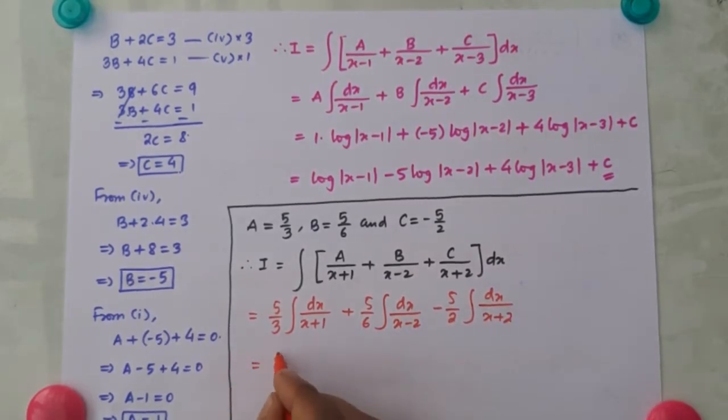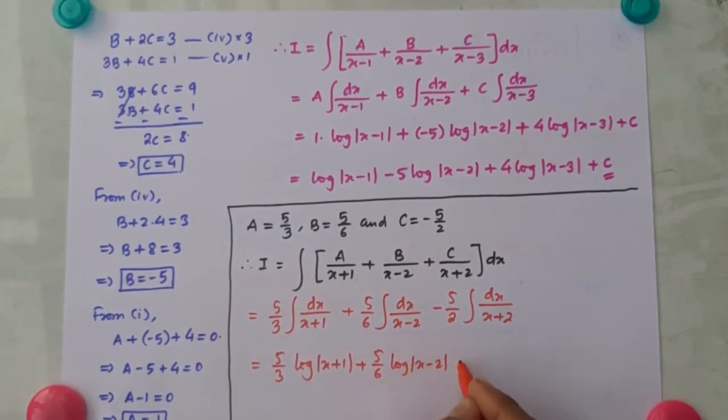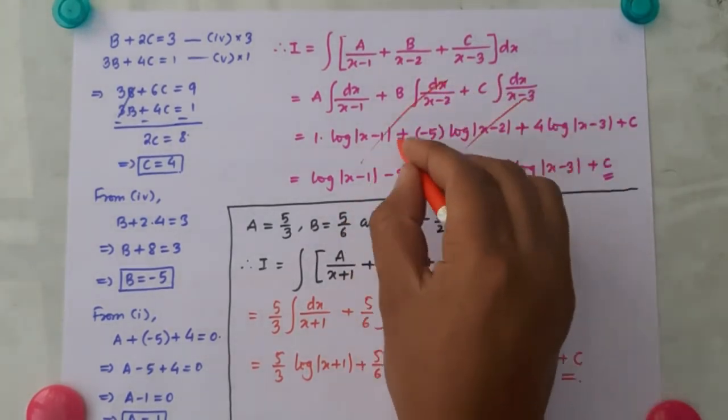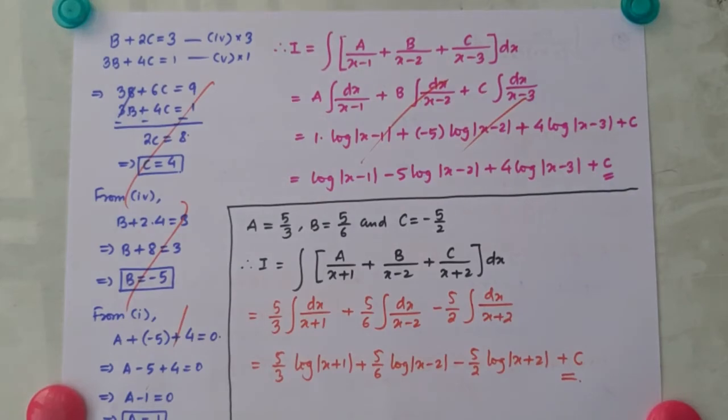So this becomes 5/3 log of x plus 1 plus 5/6 log of x minus 2 minus 5/2 log of x plus 2, plus the constant of integration. Okay, so this is my answer for this particular question. You may pause the video and note it down.